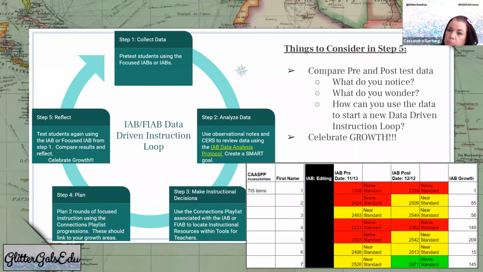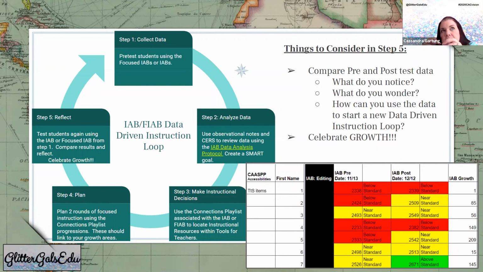There is a cut point, but there's not necessarily a clear cut point on IABs and FIABs, because it's a small part of the system. The ICA replicates the summative, and so there are clear cut points on the summative, but not necessarily on the IABs, because each is a small chunk of the test.